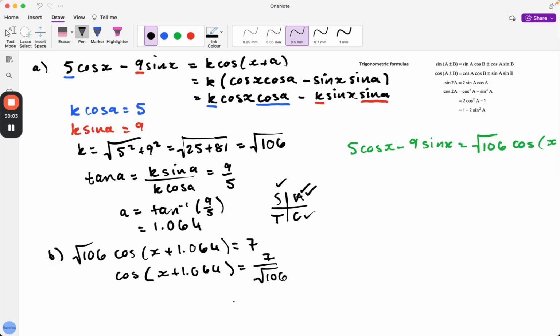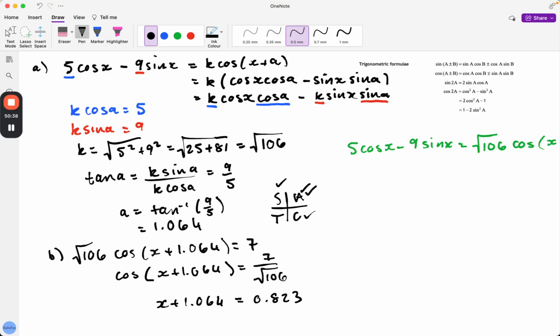So if you take cos inverse of 7 over root 106, that will get you 0.823. Keep in mind that we're in radians here, so if you're not already, you may have to change your calculator to radians. And so if we take cos inverse of the left, that just leaves us with x plus 1.064, and that is equal to 0.823.